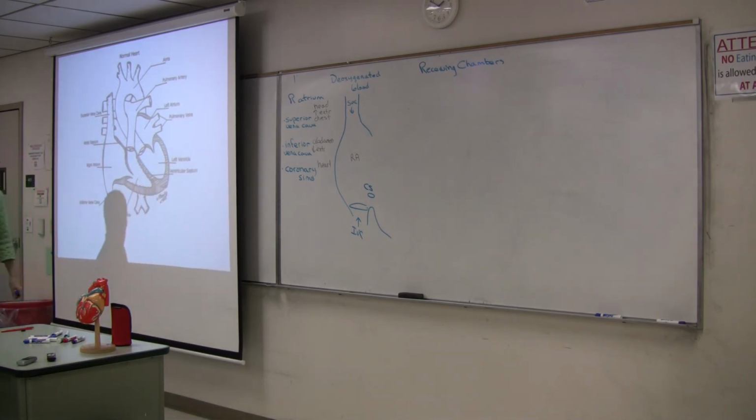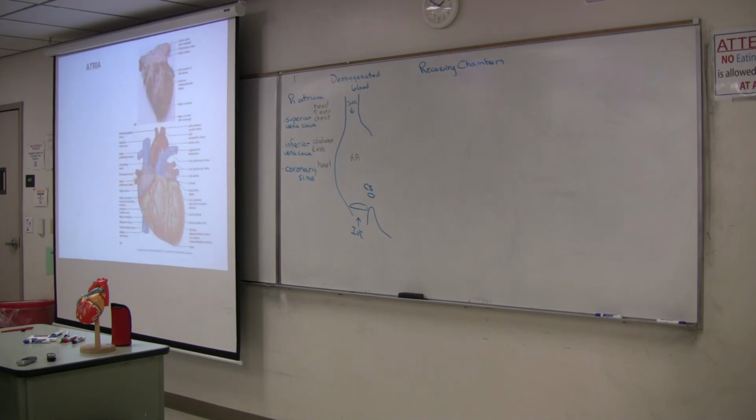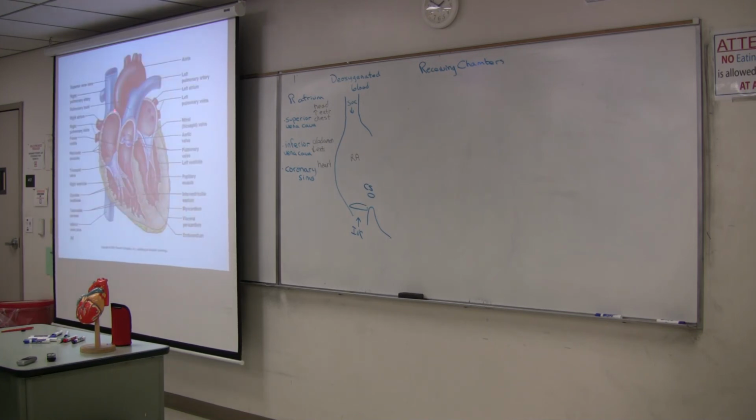So, following on the models that you have, find the superior vena cava. It's going to be this upright vessel here. All right, on the smaller hearts, it's colored blue. On the large hearts, it's confusing because it has a bunch of other vessels coming into it. So here's the right margin of the heart formed by the right atrium.